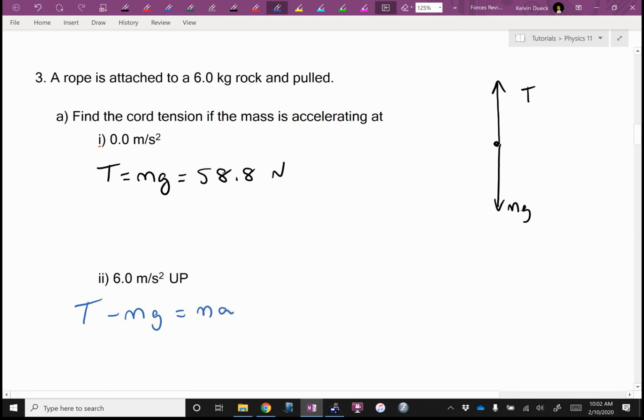How would I get the tension by itself? Which is what? Can you go 6 times 6 plus 6 times 9.8?